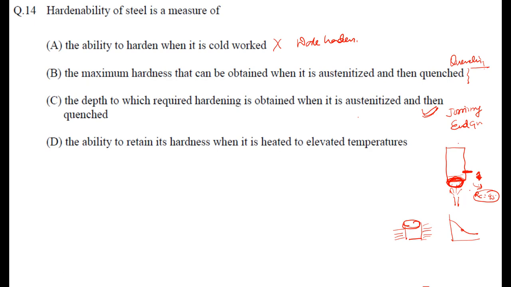We take a certain value of hardness, and the depth at which this hardness has been obtained is the measure of hardenability. Suppose a material has a higher depth, that means the material is more hardenable. If the depth is low, then it has low hardenability.